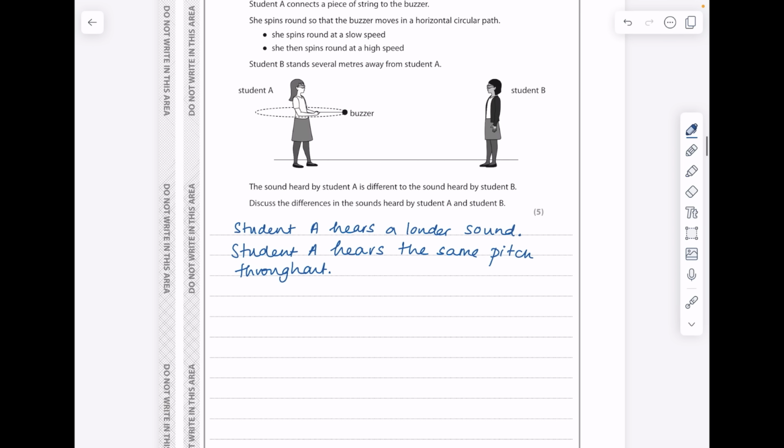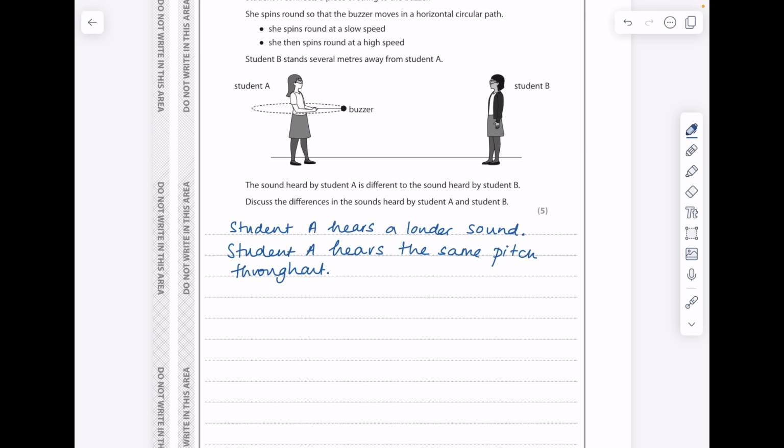Now we need to consider this from the Doppler effect point of view for student B. So what happens when the buzzer is here and it's closer to student B? Remember those sound waves? The sound waves will be closer together when the buzzer is closer to student B, meaning that the wavelength is reduced. Because wave speed remains constant, if this wavelength is reduced, clearly the frequency has to increase, and so when the buzzer is closer to student B, then it will have a higher pitch.